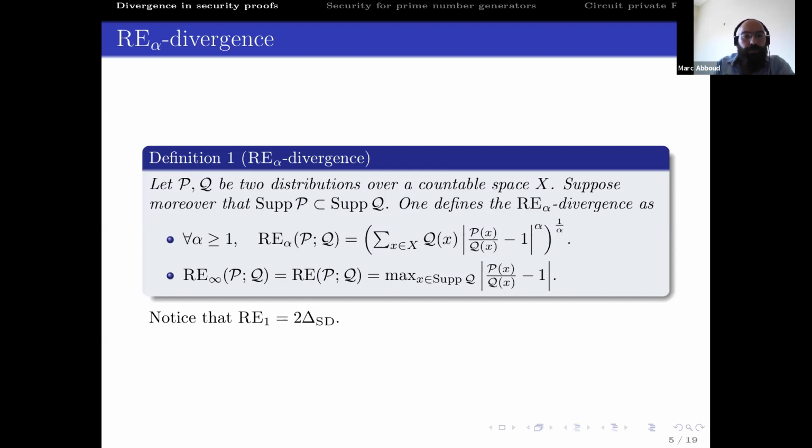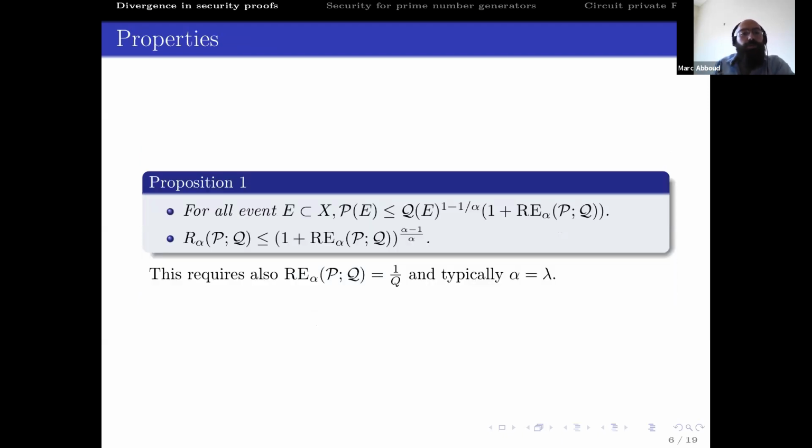It has some nice properties. It works really well with the Renyi divergence, and you get the same type of inequality. You would also require that the relative error is of the order of 1 over the number of queries to have security.